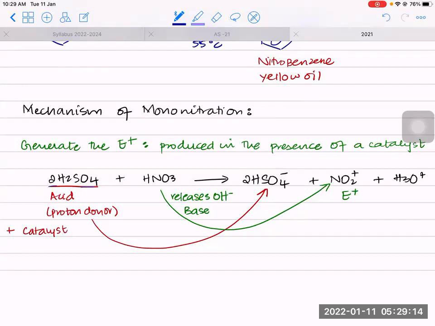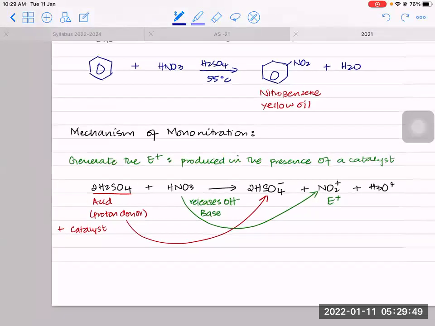You have 2 times 4, that is 8 oxygens here, and 8 plus 3 is 11. So you have 8, 9, 10, 11. Oxygen is also balanced. Nitrogen is also balanced. Everything else is balanced. So this is how we make the electrophile. H2SO4 loses a proton, HNO3 loses OH, and you get your electrophile, 2 HSO4 minus and H3O plus.